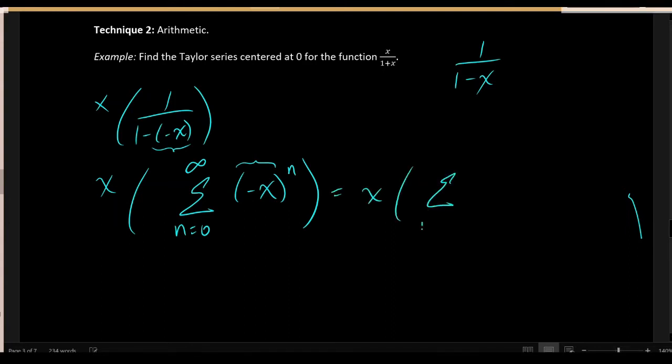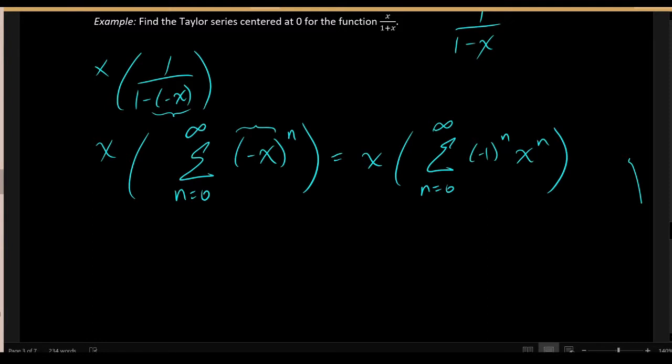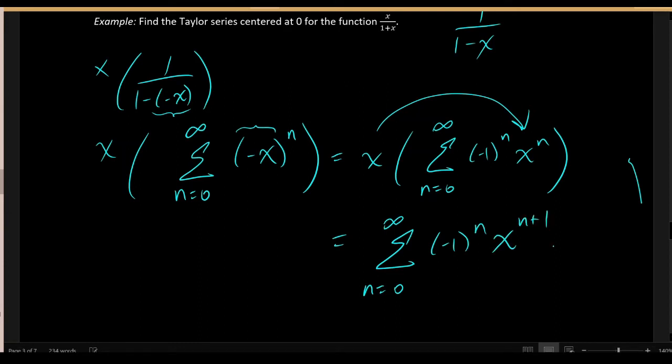This is the sum as n goes from 0 to infinity, negative 1 to the n times x to the n. Now what happens if we multiply that by an extra factor of x? Then anywhere there was an x to the n, there is now an extra x, so I get x to the power n plus 1. This series is equal to the function x divided by 1 plus x.